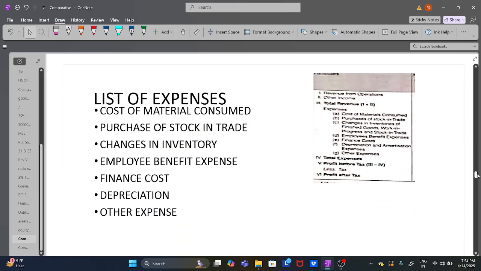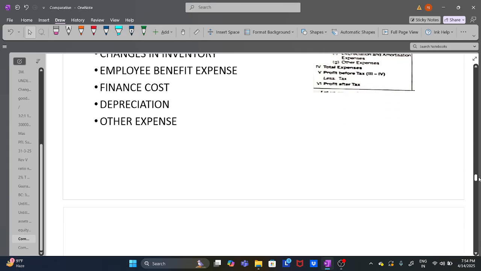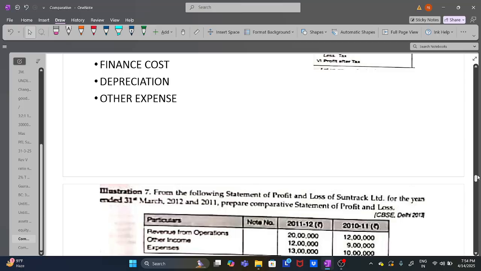We take all those expenses and subtract them from total revenue, which is RFO, your sales, plus other income. Total revenue minus total expenses gives you profit before tax.